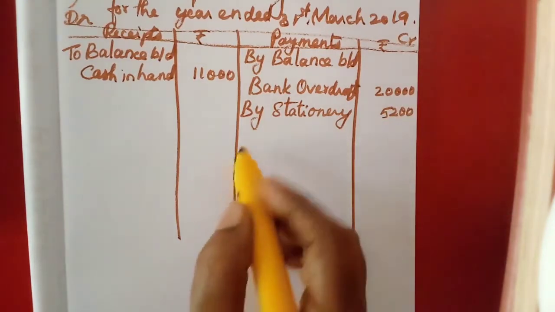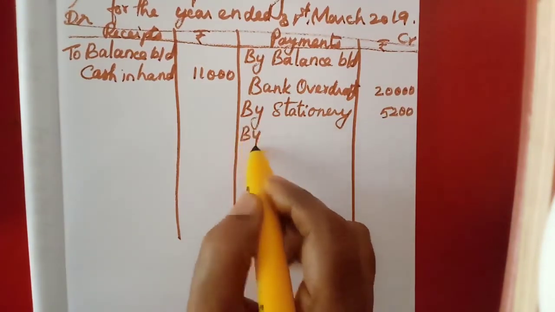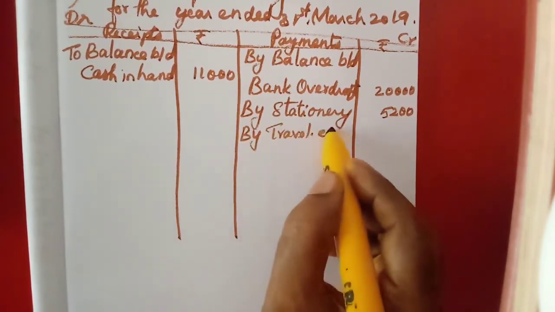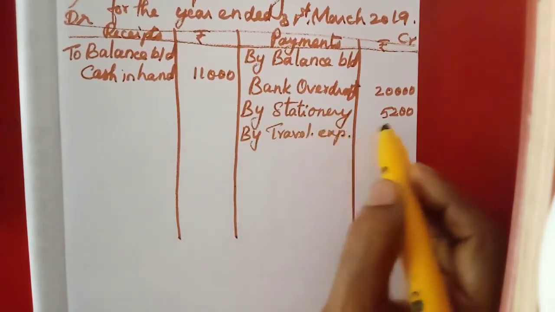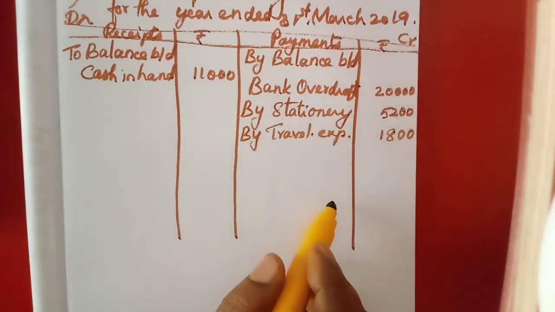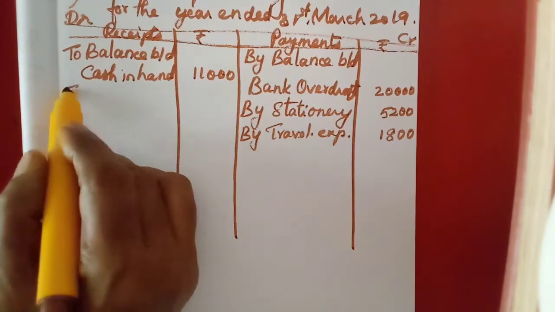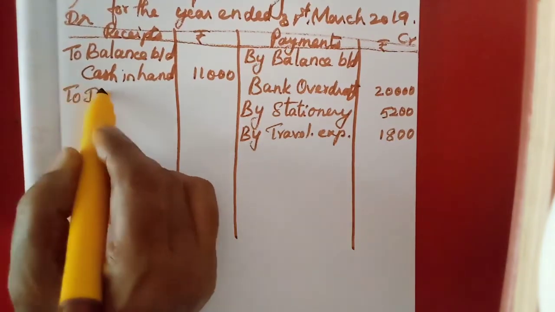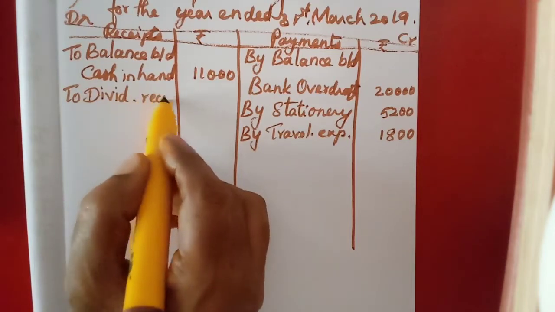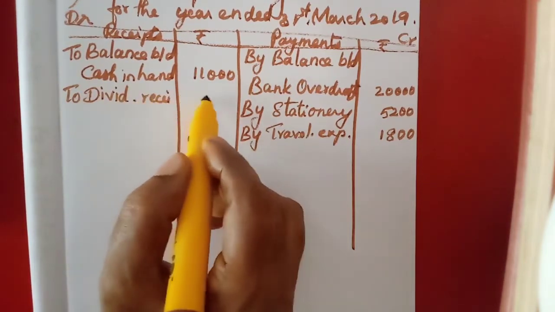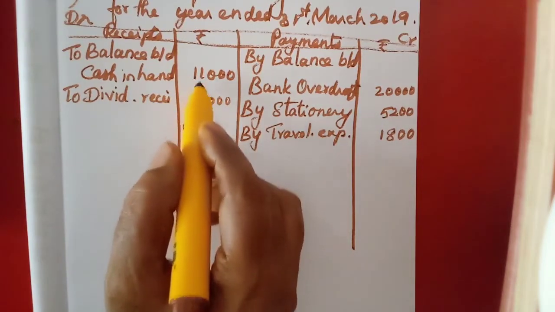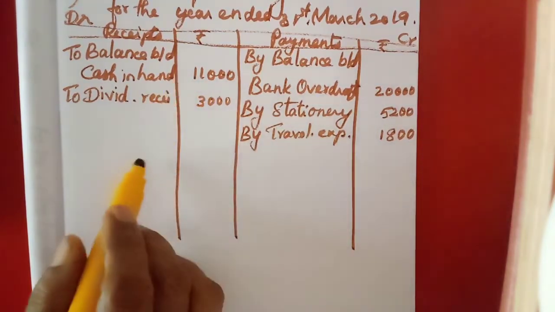Traveling expenses, that is also a payment, by traveling expenses, 1,800. Dividend received, that is a receipt, dividend received, 3,000. You receive it, and how I am writing the amount, just below this one, not this one.